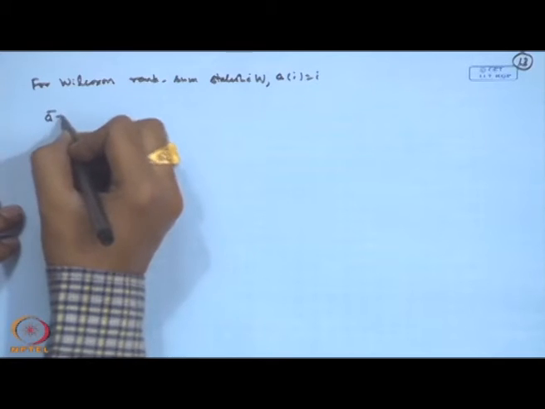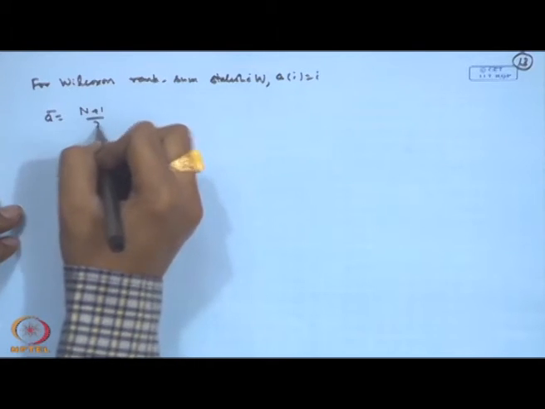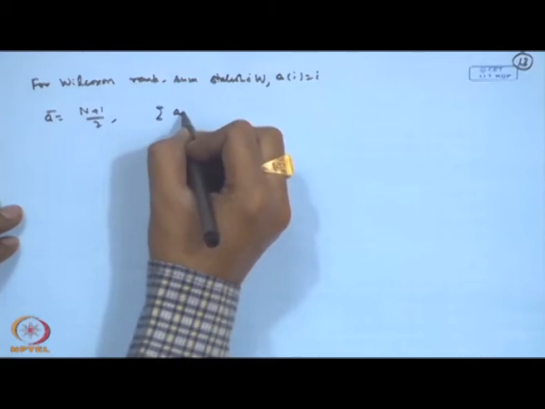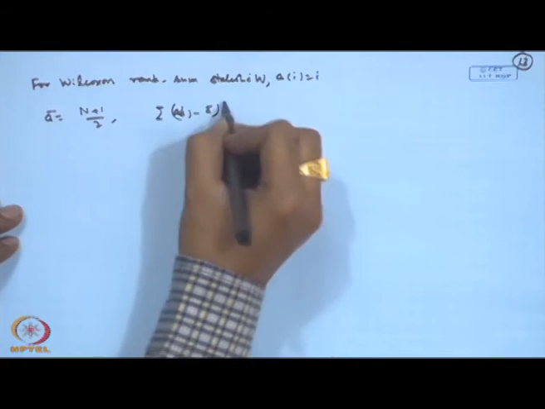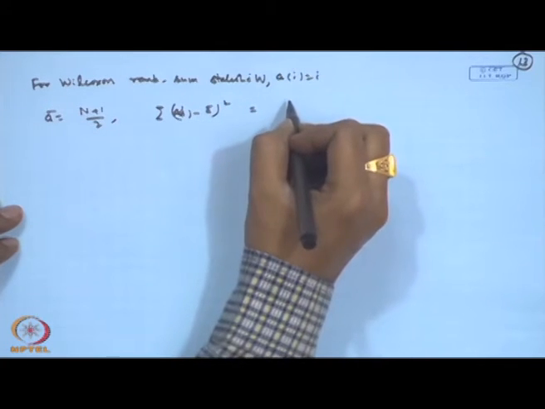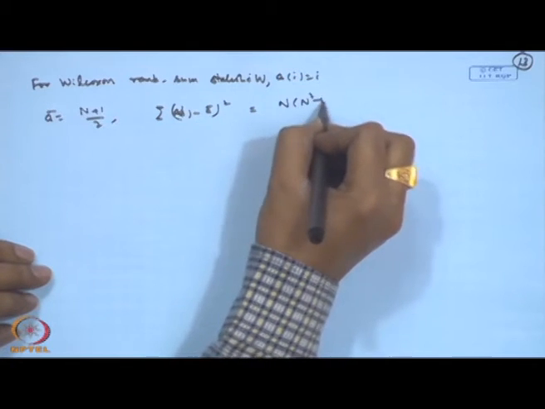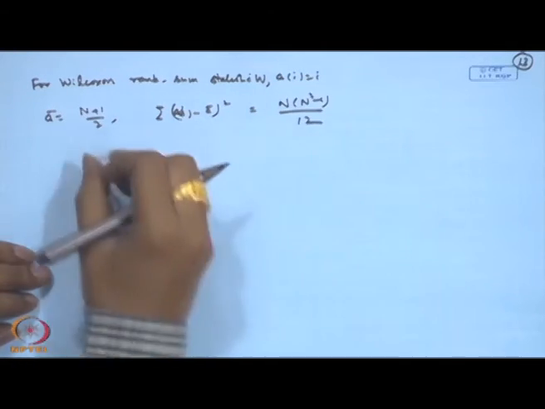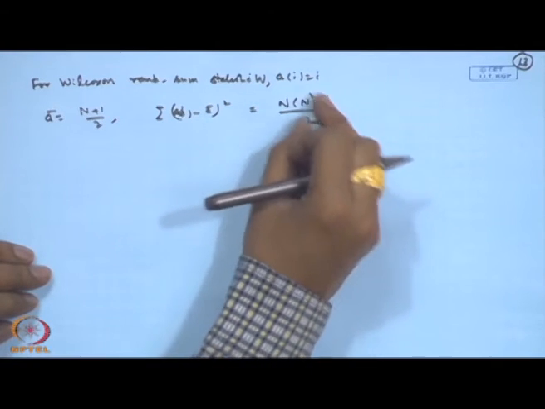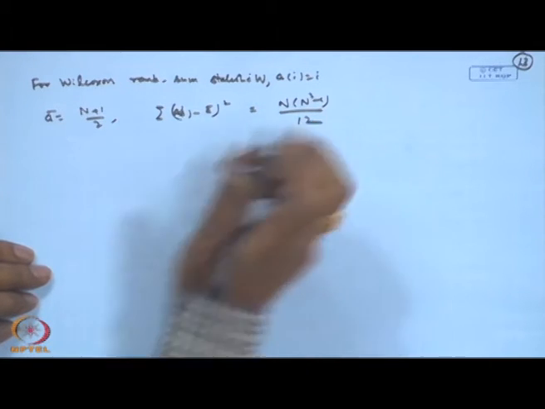So, A bar becomes (n plus 1) by 2 and sigma (A_i minus A bar) square will become equal to n into (n square minus 1) by 12. That is the mean of the discrete uniform distribution and the variance of the discrete uniform distribution.